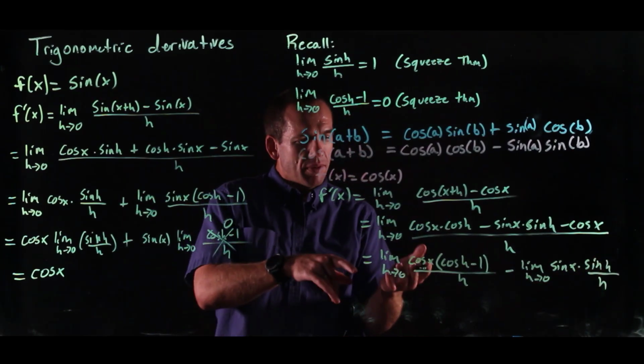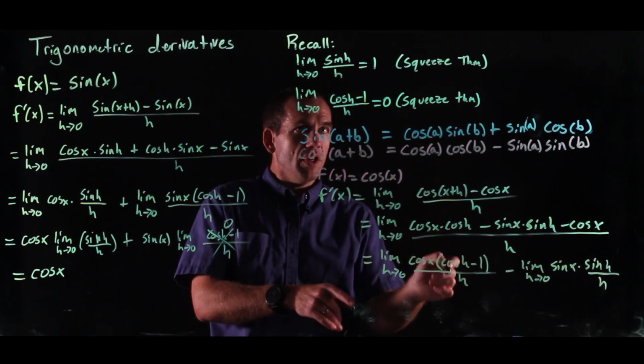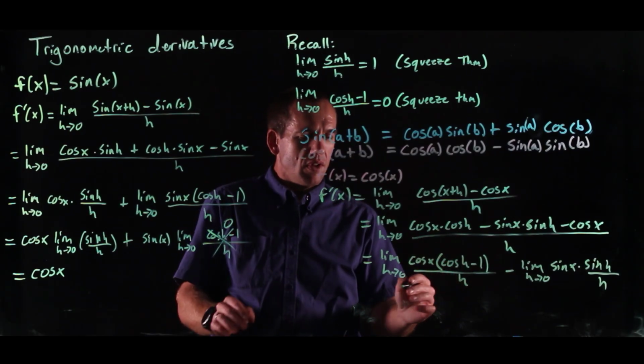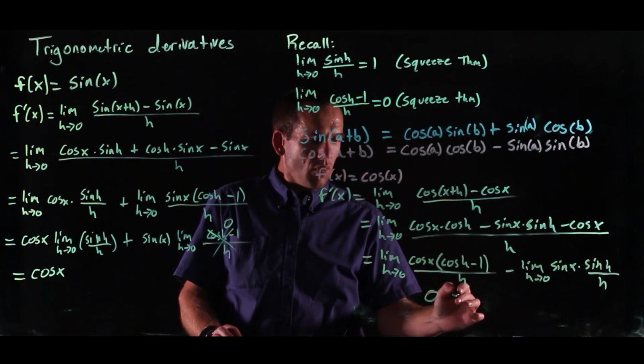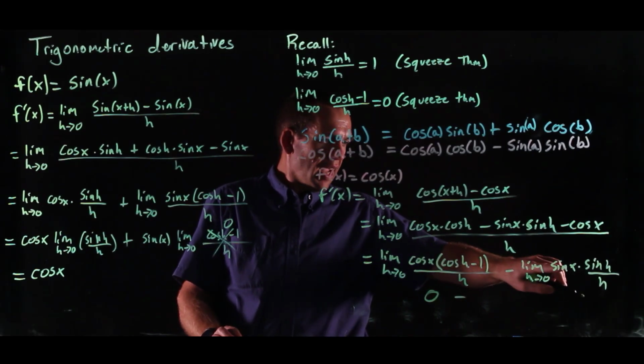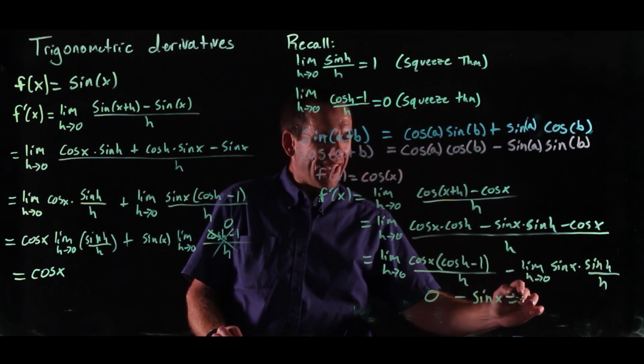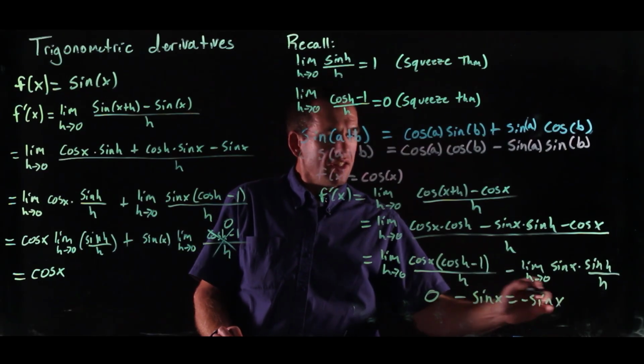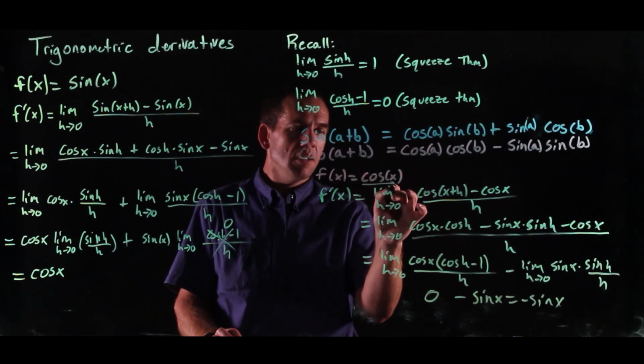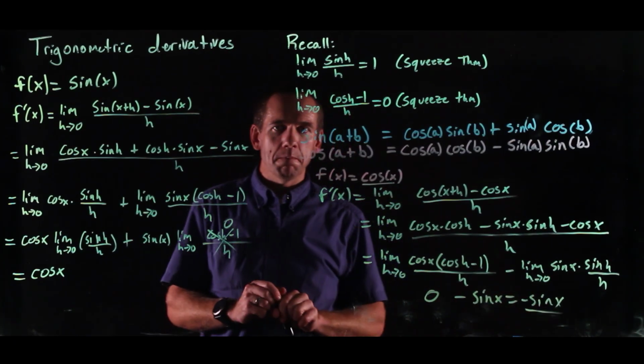And again, I can pull that cosine x out front, and we know that this term is 0, and so this is 0 minus sine x times 1, so 0 minus sine x, which is just negative sine x. And so we see the derivative of cosine is negative sine.